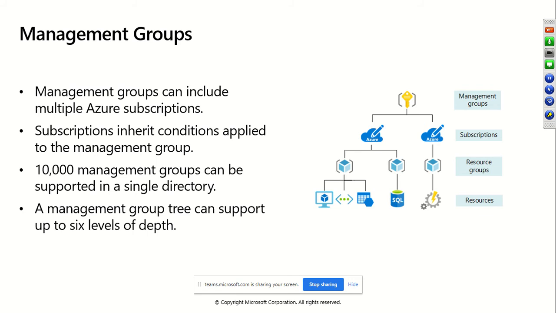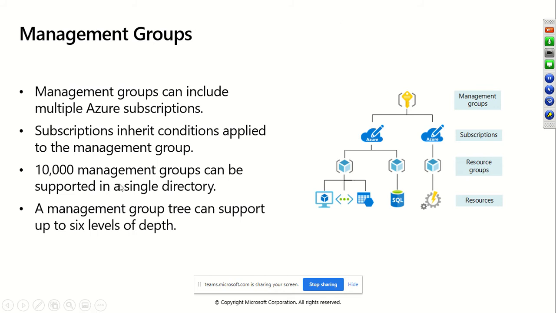So if a company is a conglomerate, if a company has maybe different subsets, maybe they are doing insurance, the company is into banking, the company also has another finance sub company, they can create a subscription for each sub company, and all the subscriptions can be managed under what is called a management group.